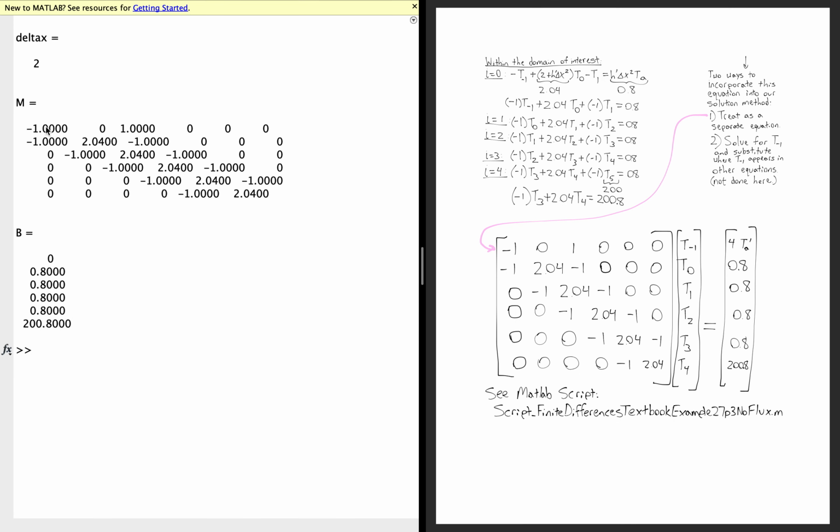Okay, so M has a negative 1, 0, 1. It's a 6 by 6. That looks correct. This pattern is negative 1, 2.04, negative 1. That looks correct. At the end, you just have negative 1 and 2.04, and then you have, remember I set Ta prime to 0, so 0 and then 0.8 all the way down, except for 200.8 at the end. So it does look like this worked.